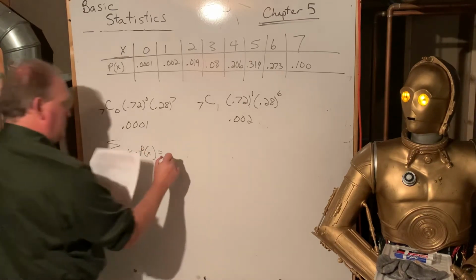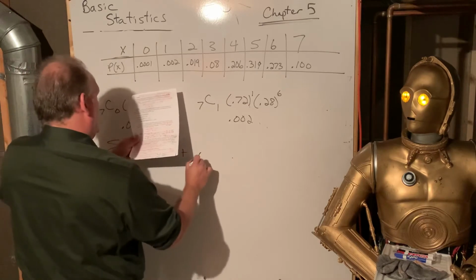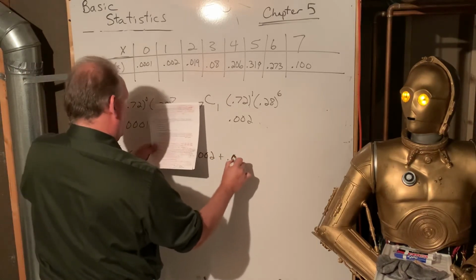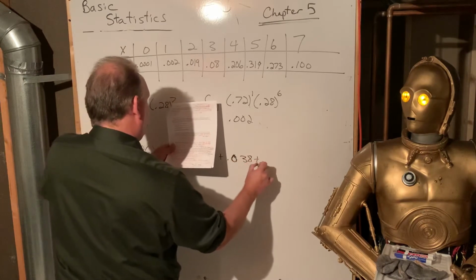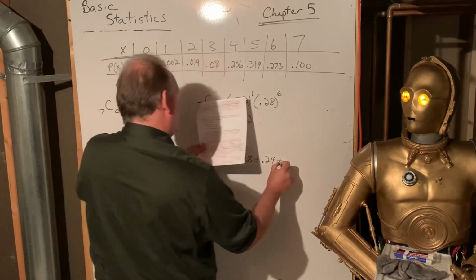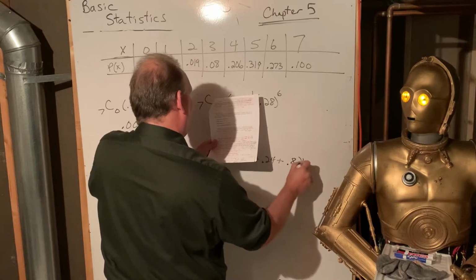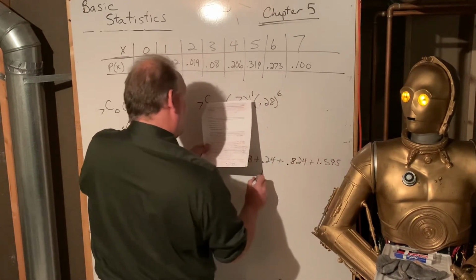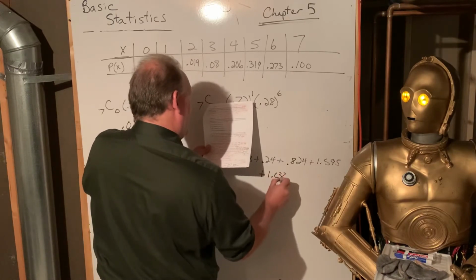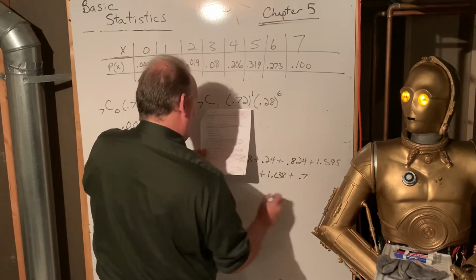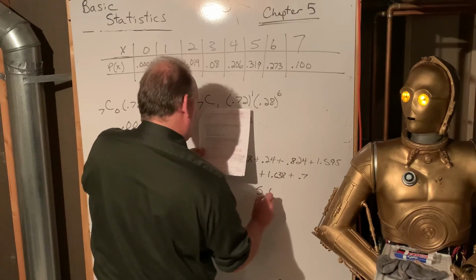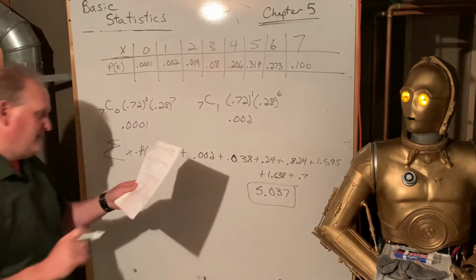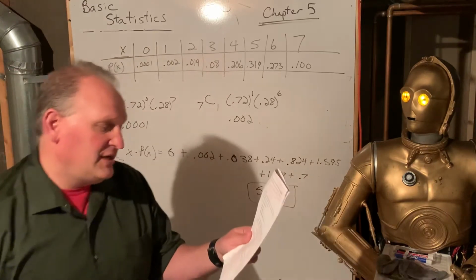And so that's going to be 0 plus 0.002 plus 0.038 plus 0.24 plus 0.824 plus 1.595 plus 1.638 plus 0.7. That is 5.037 if we did it that way. All right? Using a probability distribution.